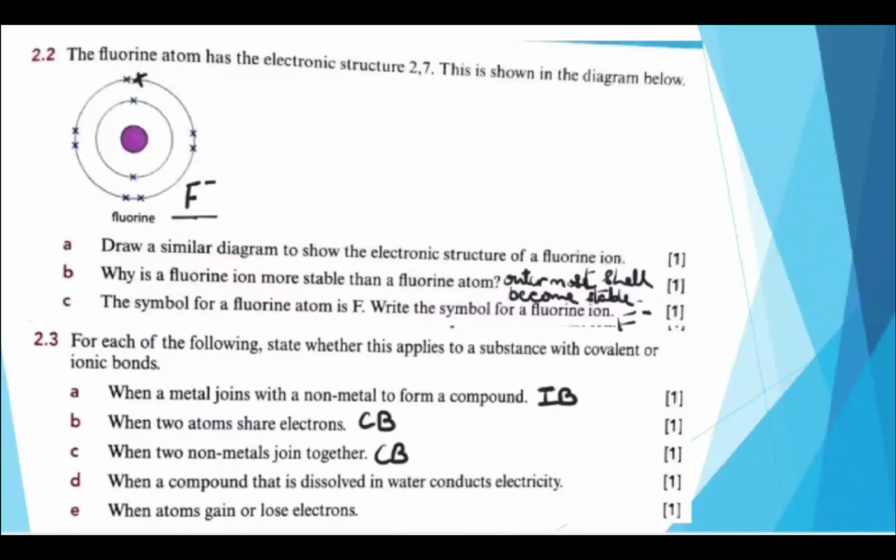Tell me, children. Covalent bonds normally do not conduct electricity in the solid state, but in molten or aqueous form they do conduct electricity. Okay, when atoms gain or lose electrons, ionic bond.